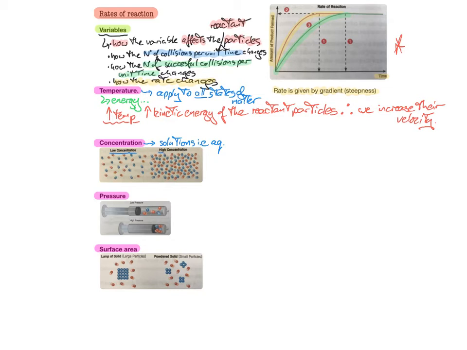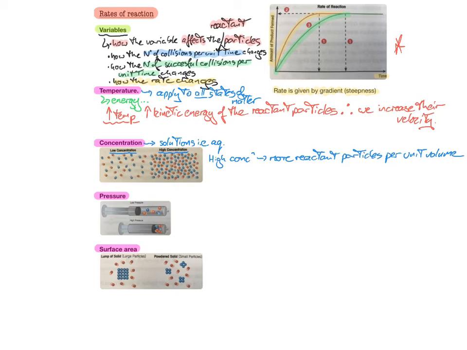At a higher concentration, we have more particles per unit volume. Let's just write that down. So high concentration, we get more reactant particles per unit volume.